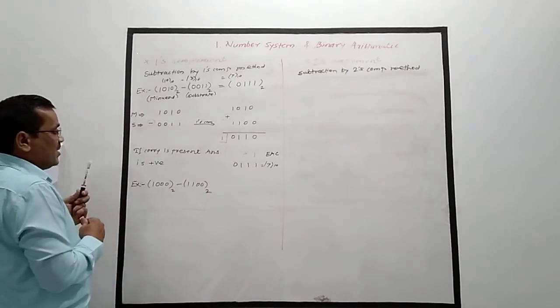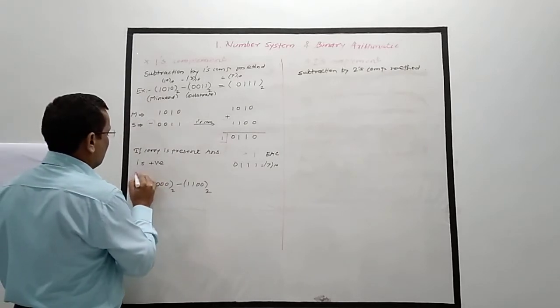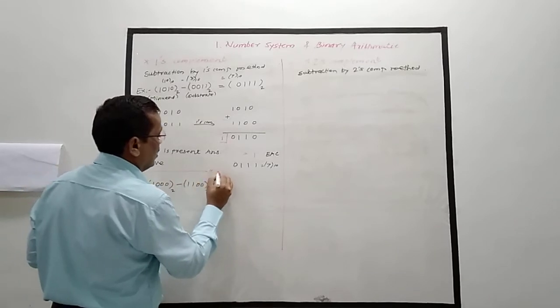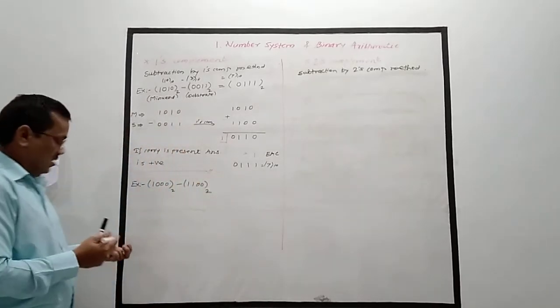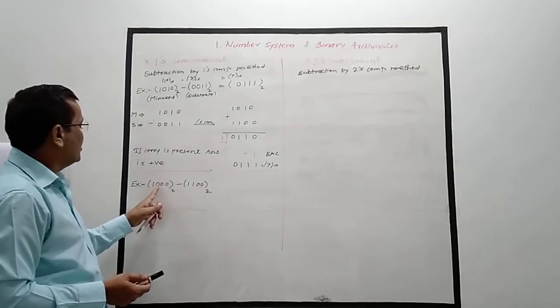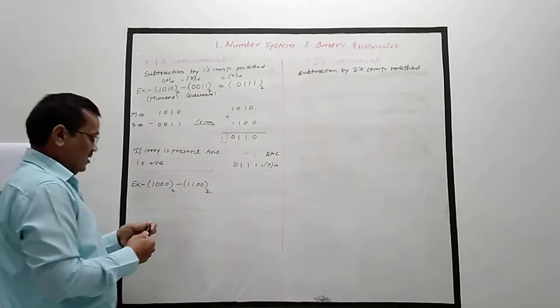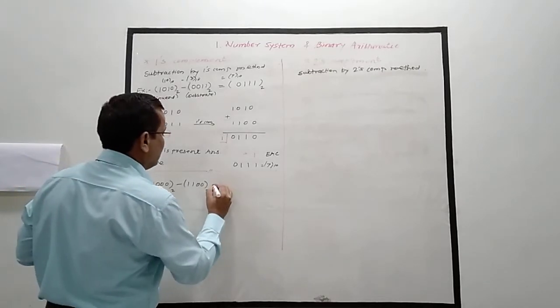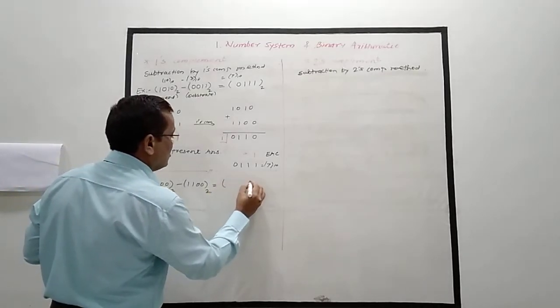We are going to subtract these numbers, or 1100 is subtracted from 1000. The obvious subtraction is also a binary number.